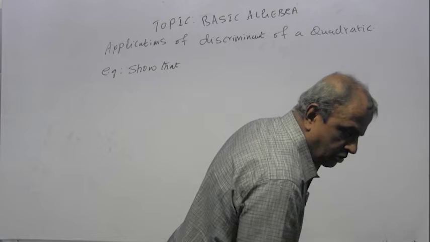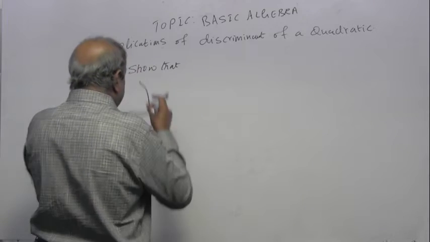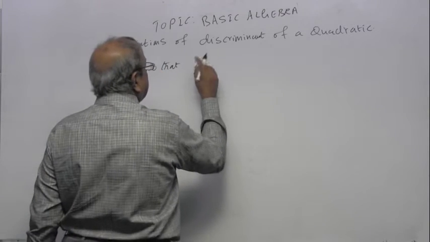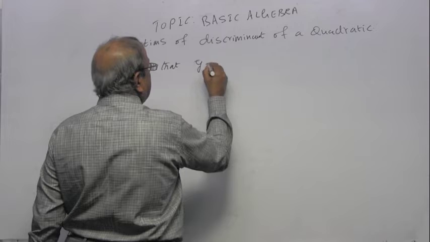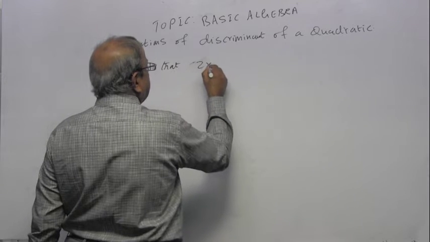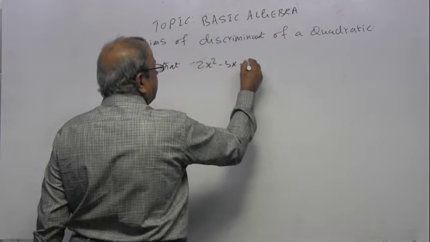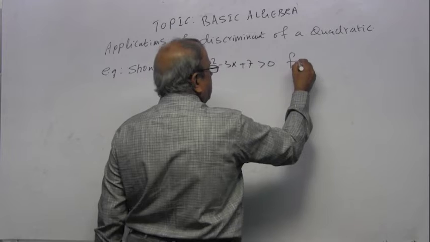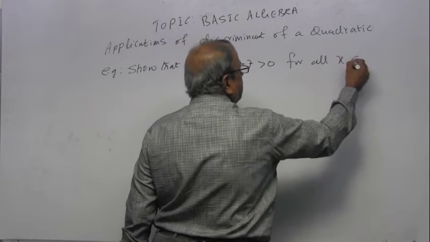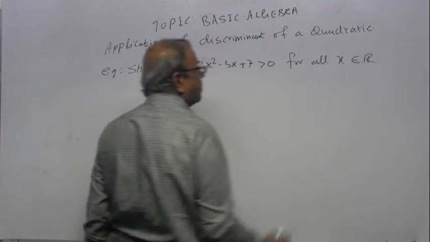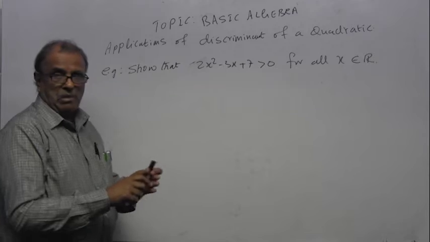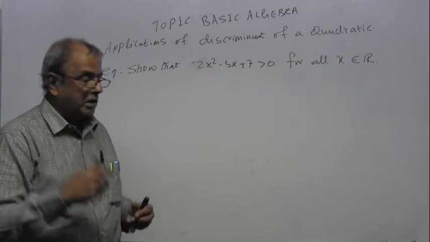Show that 2x squared minus 3x plus 7 is greater than 0 for all x belonging to R. 3 marks, but more than 3 marks.